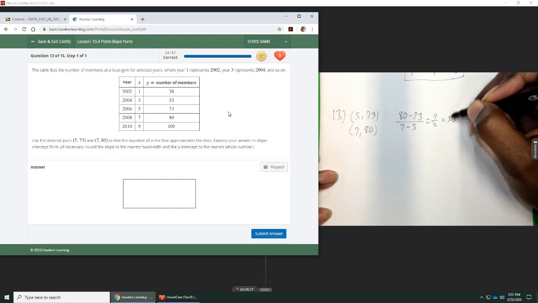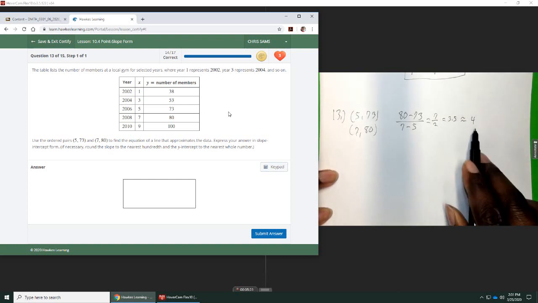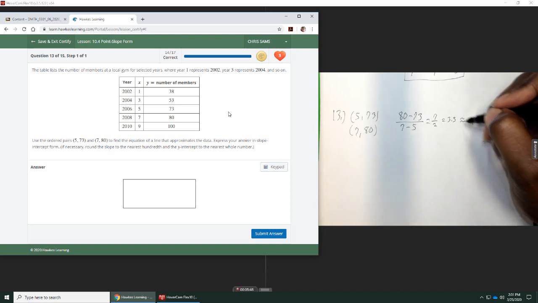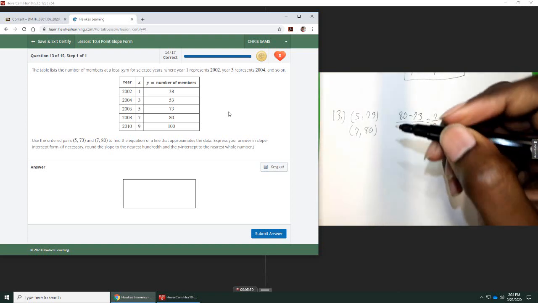The nearest whole number, just to round up, so we'll say our slope is approximately 4. I want us to round our slope up. Using this slope, we're going to plug in, I guess I should wait to the end to round. So I'm going to use 3.5 for now, or 7 over 2.